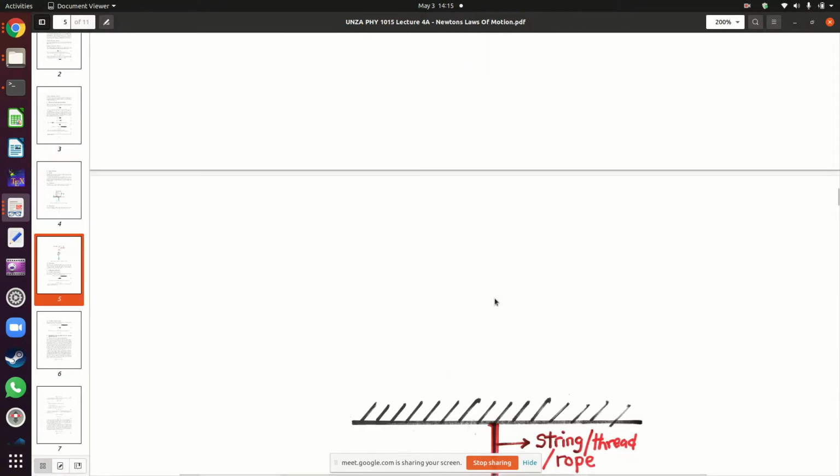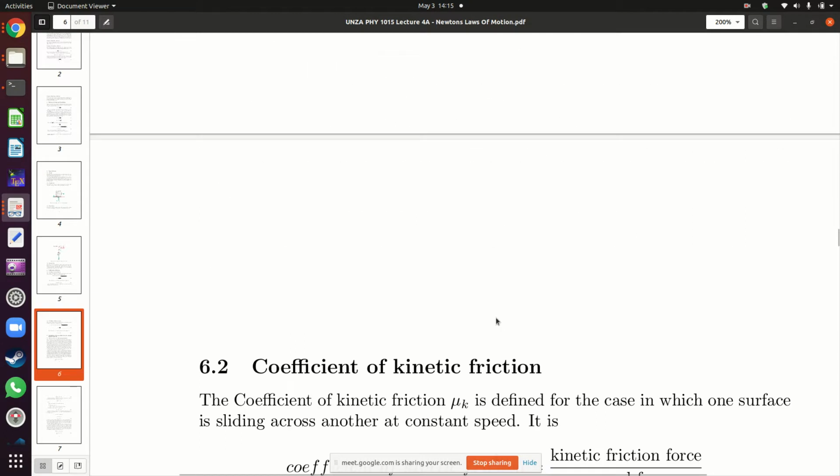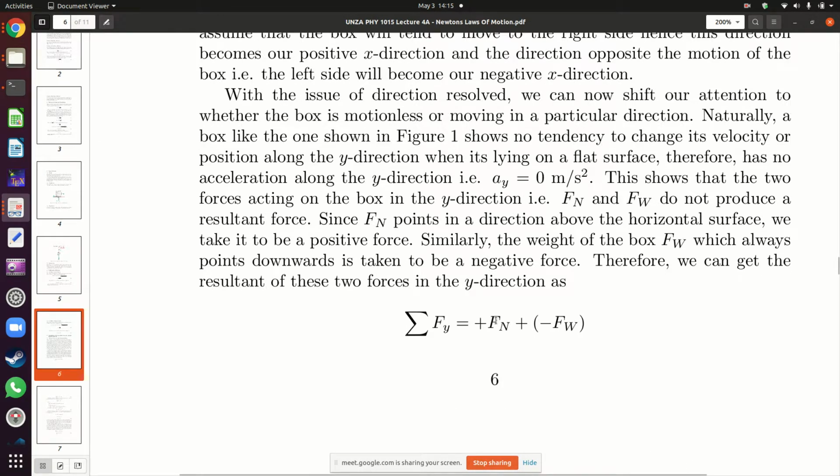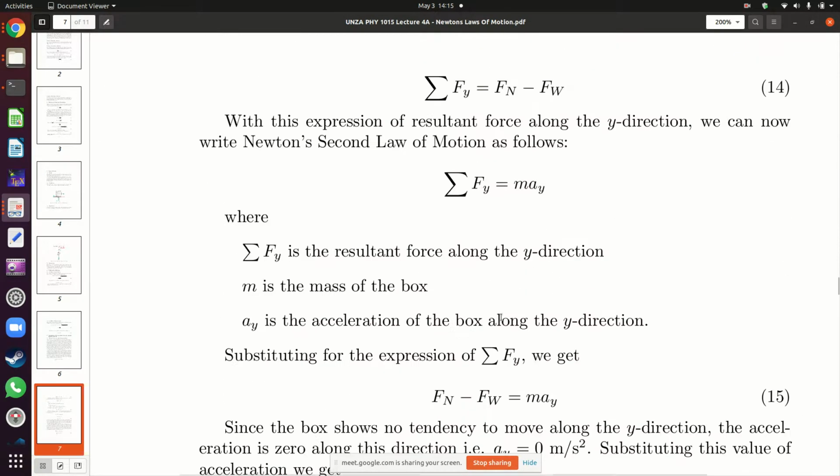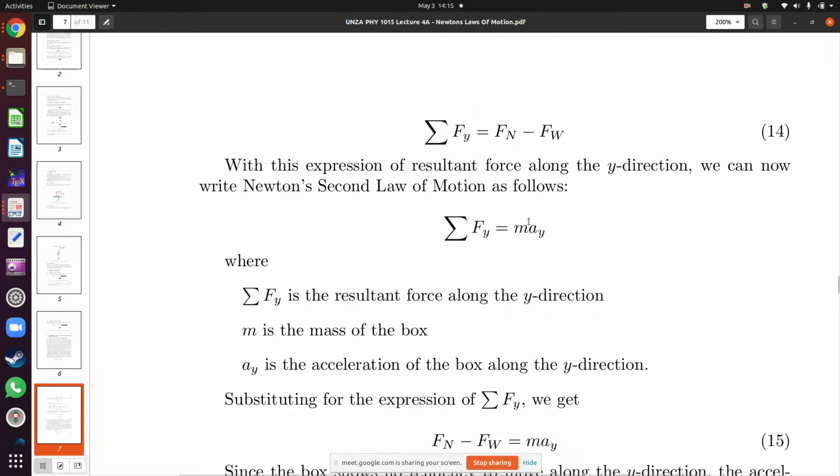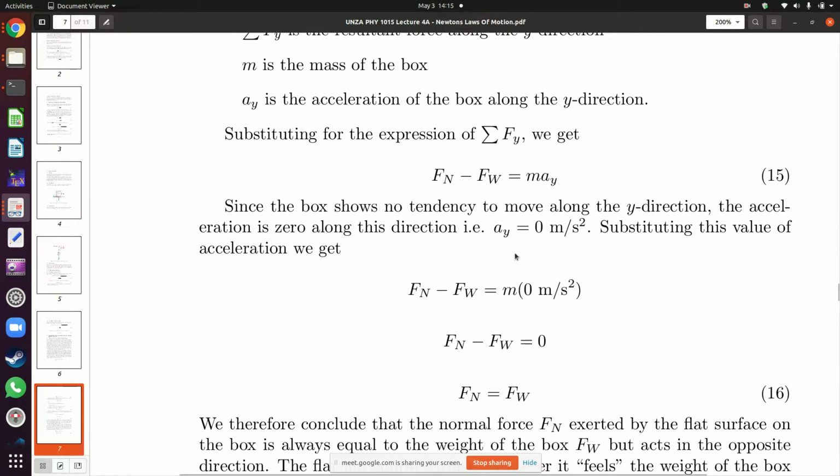Since there is no change in position, if it doesn't move along the y direction, then the acceleration of the box along the y direction is equal to 0. So the acceleration of the box along the y direction is equal to 0.